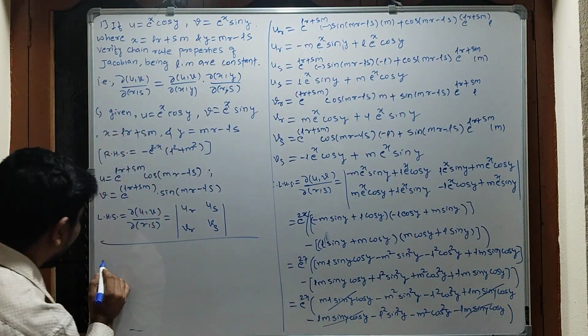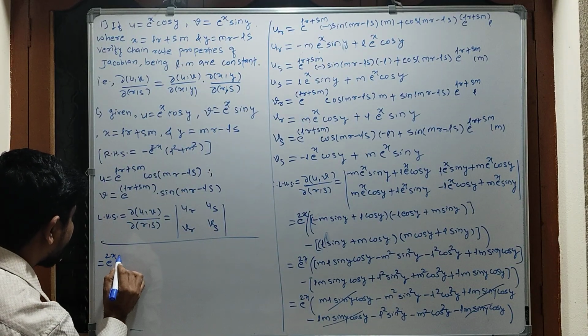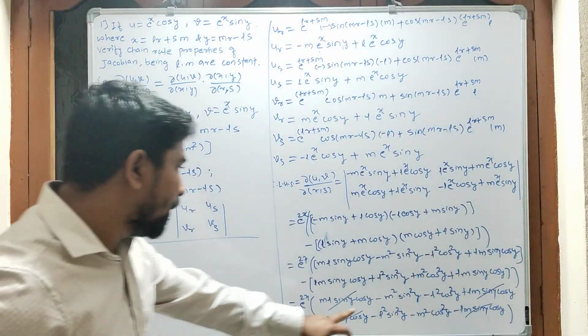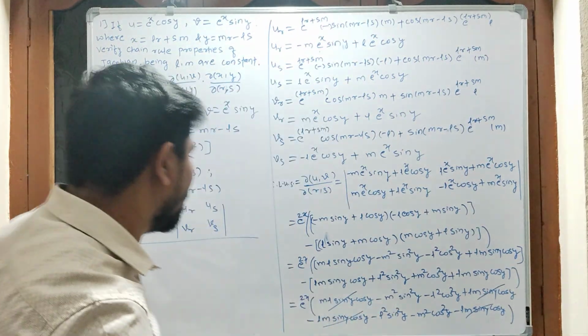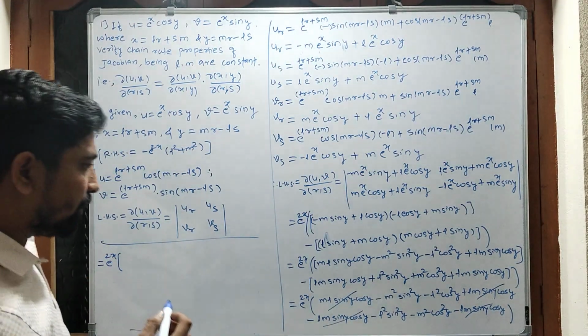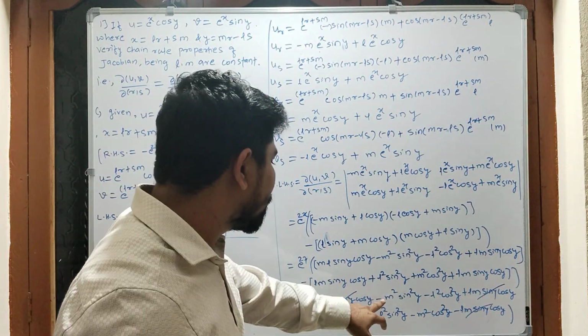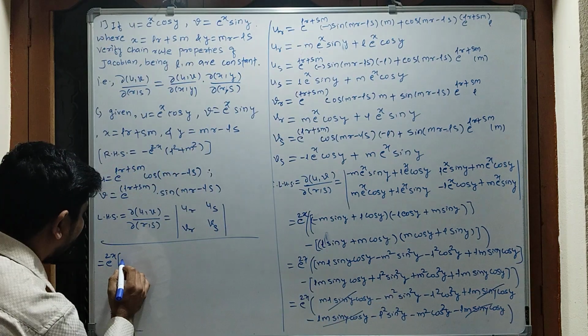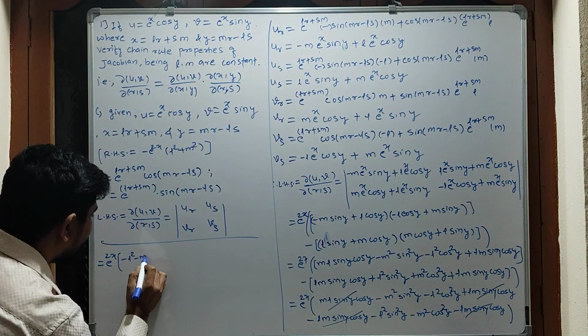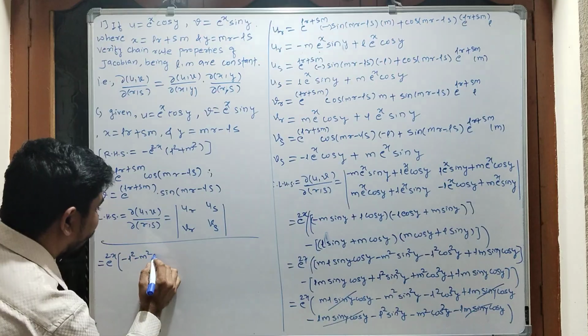Which is equal to e to the power 2x in bracket, m minus m square sin square term minus L square. So here I will take minus L square minus m square into sin square y, and this is minus L square minus m square into cos square y.